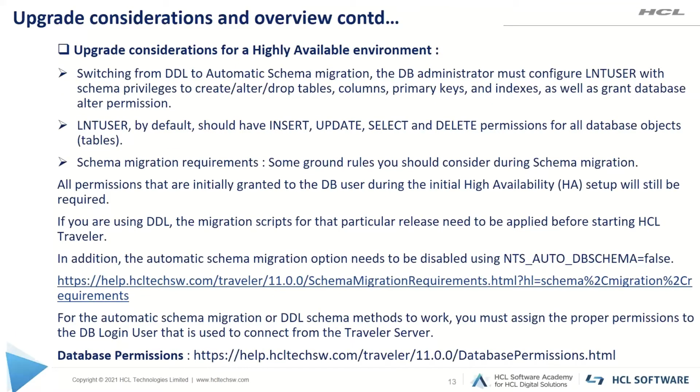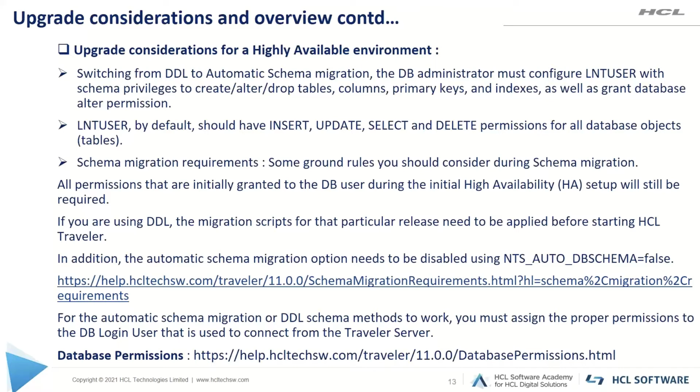In case you are switching from DDL to the automatic schema migration method, the database administrator must configure the default Traveler DB login user, which is the LNT user, with appropriate schema privileges to create, alter, and drop tables, columns, primary keys, and indexes, as well as grant the database alter permission.